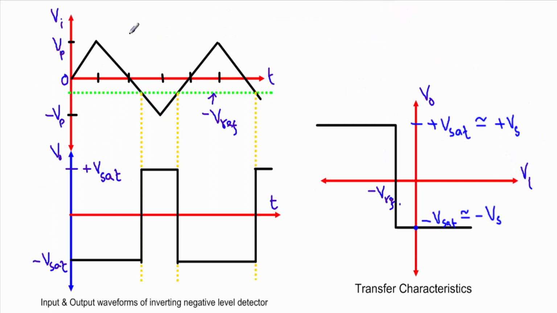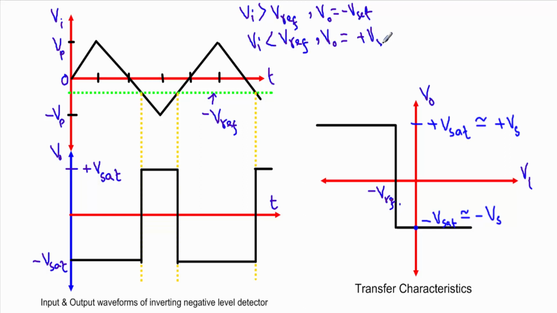Now let me show you the input and output characteristics of this negative level detector circuit. Our operation was like this: when Vi is greater than our negative reference voltage, VO was in negative saturation, and when Vi is less than VREF, that means Vi is more negative than this negative reference voltage, our output voltage will be plus Vsat.